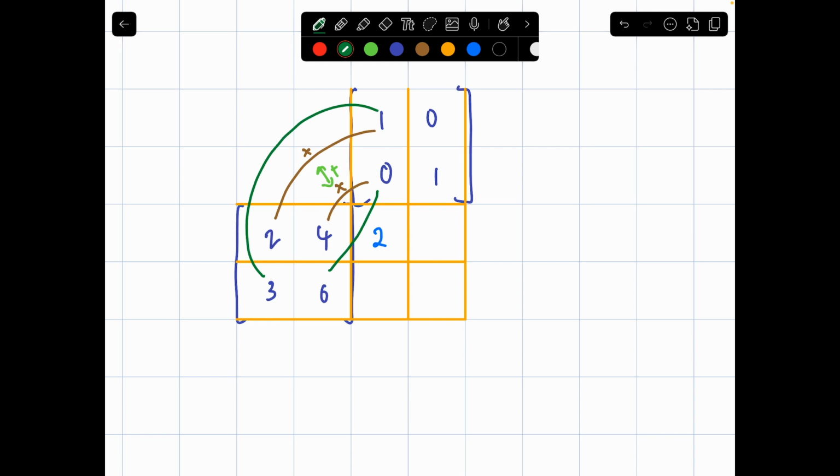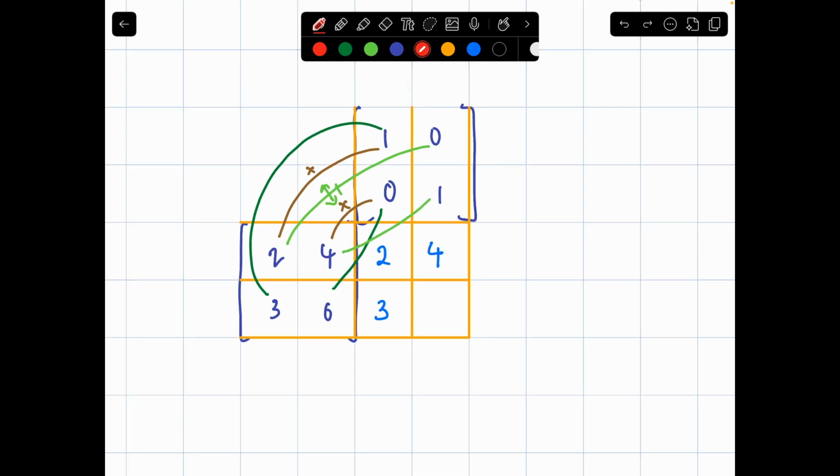So 3 plus 0, we get 3. And then the same thing repeats for the other two. 2 times 0 is 0, 4 times 1 is 4. 4 plus 0, we get 4. And finally, 0 times 3, which is 0, and 1 times 6, which is 6. 6 plus 0, we get 6.